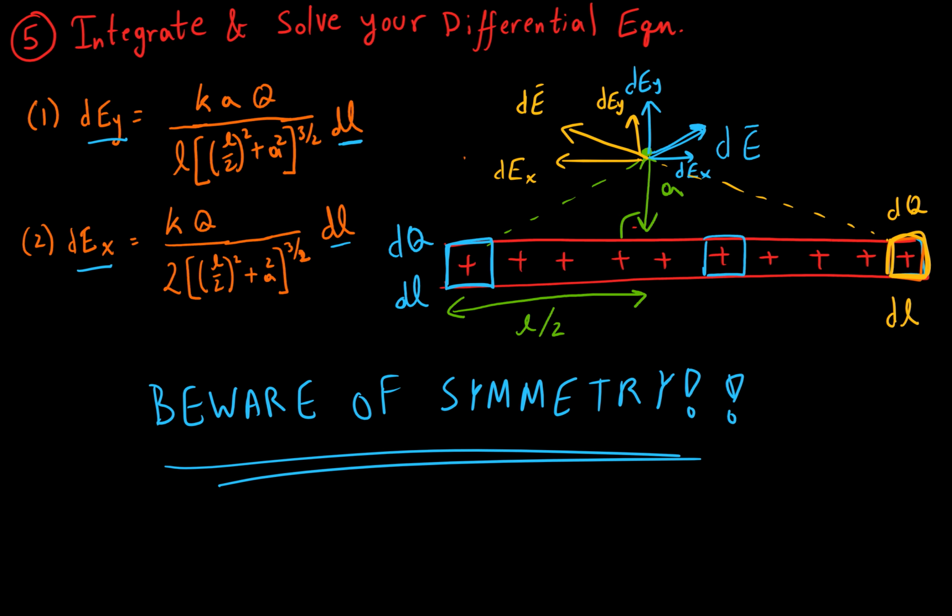Luckily, this is a uniformly charged object, so even if we considered, let's say, two arbitrary lengths or an arbitrary point here, at let's say L/4, we know that the x component of a charge at, let's say, over here, L/4, will cancel out in their x components.